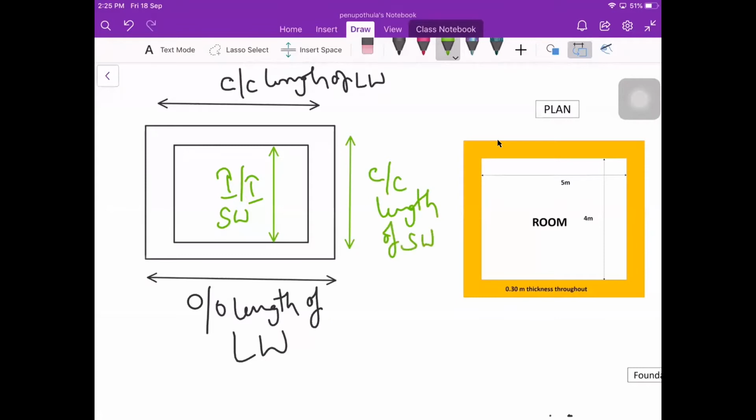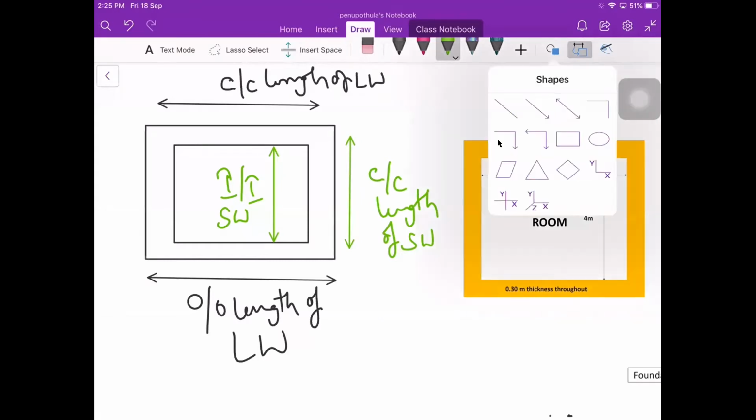Even in the exam, you need to write this in the first part. Whenever you are doing calculations, you need to draw the center line plan of the building, with a dotted line.